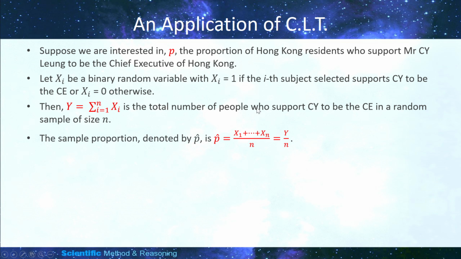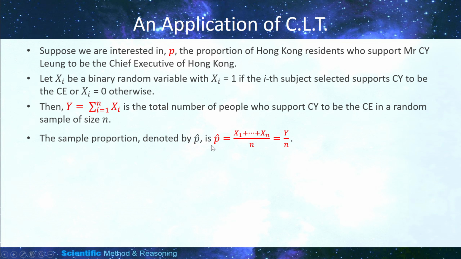And if we take the mean, x1 plus x2 up to xn divided by n, the numerator here is just the sum of the n observations defined by either 0 or 1, which is y, and the denominator is n, so y over n.